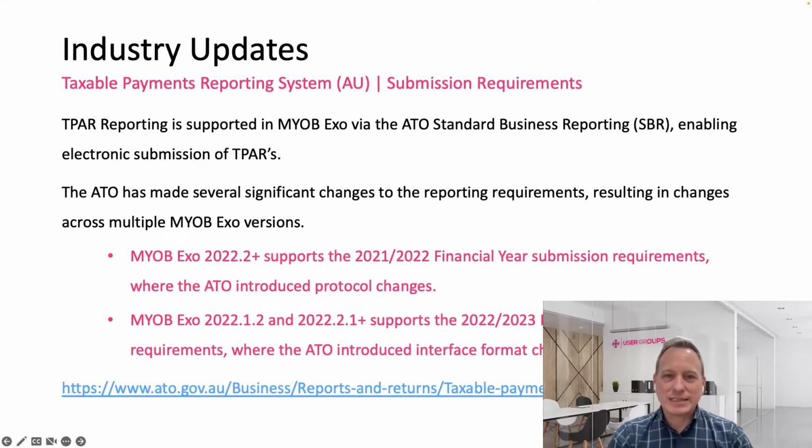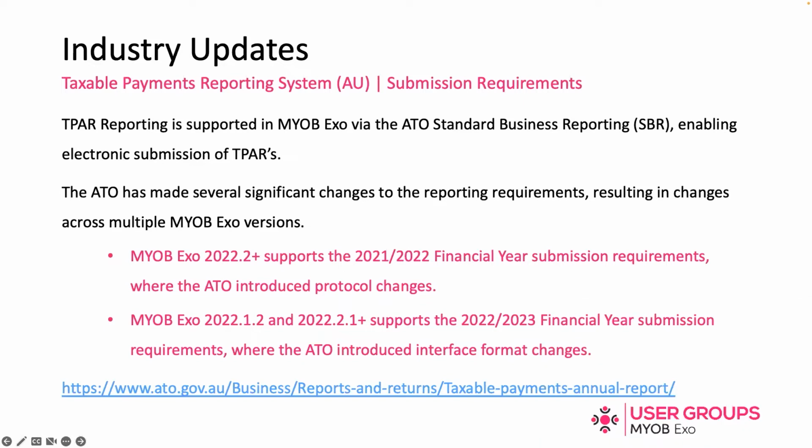There have been some recent changes to TPAR submission requirements, with firstly a protocol change made by the ATO, and secondly an interface format change. The way these were rolled out from an ATO perspective has been a little bit complicated from a timing perspective. To support your 2021-2022 TPAR report, you will need to be on 2022.2 or greater version of Exo.